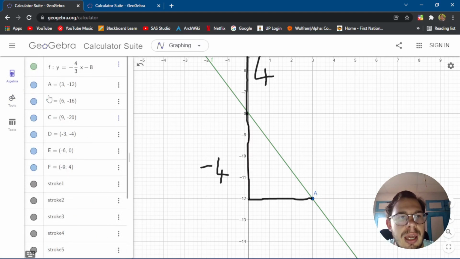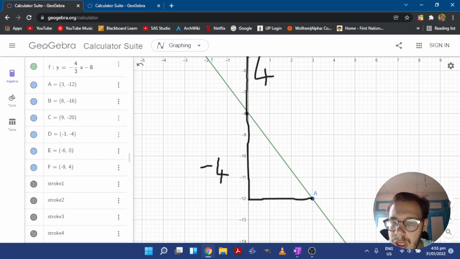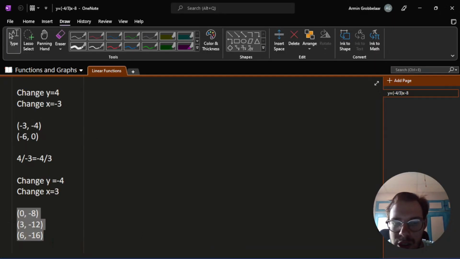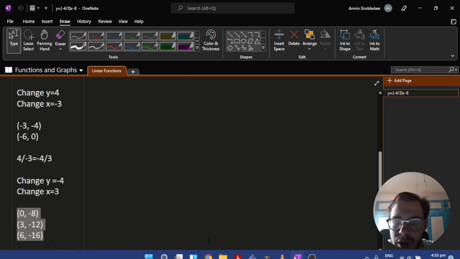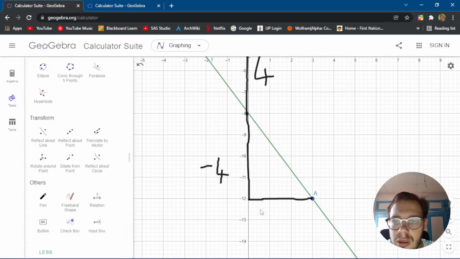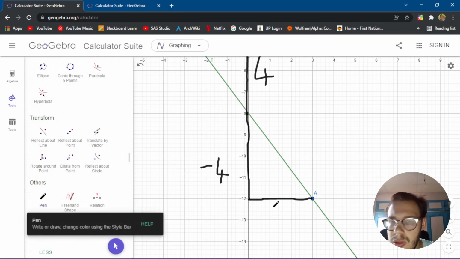You can see A, which is 3, minus 12, as is what we worked out here, 3, minus 12.